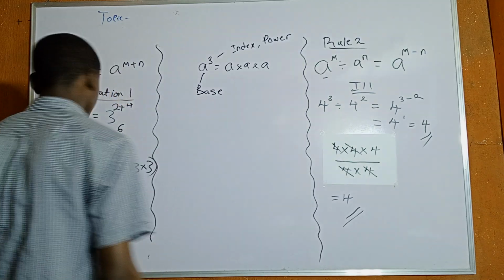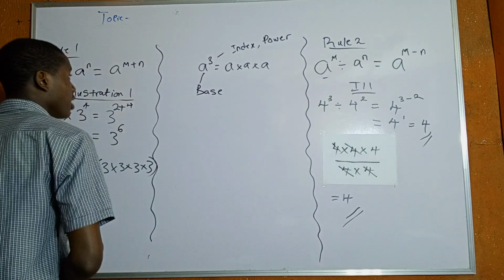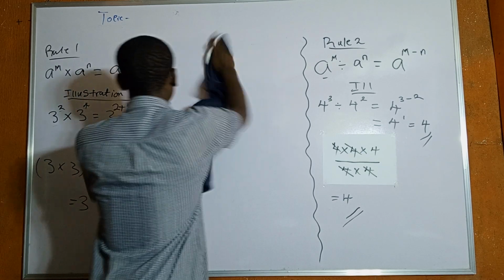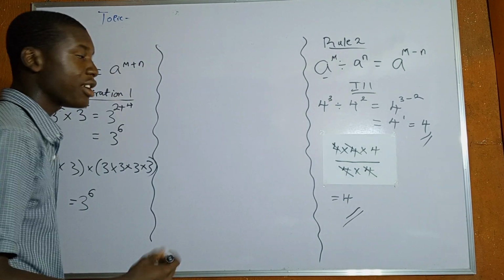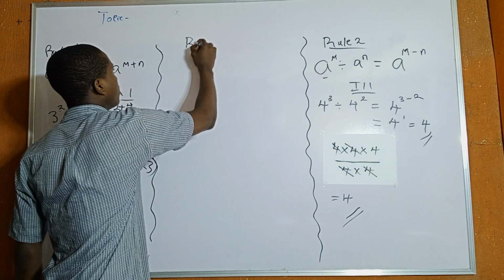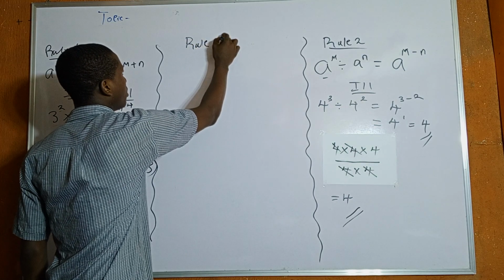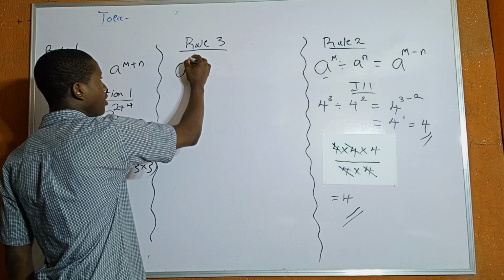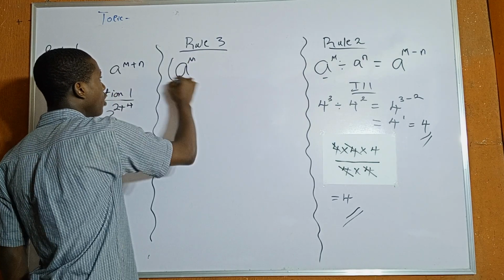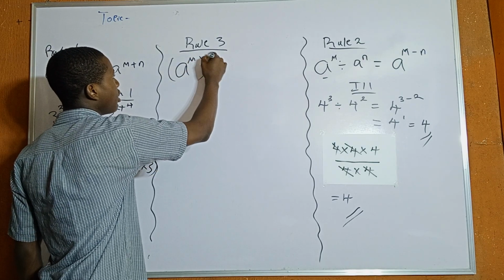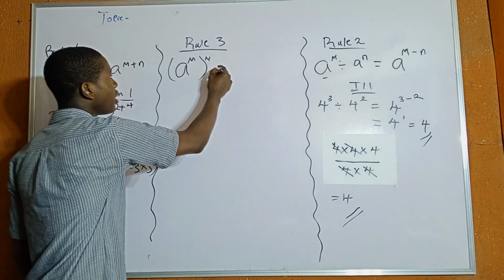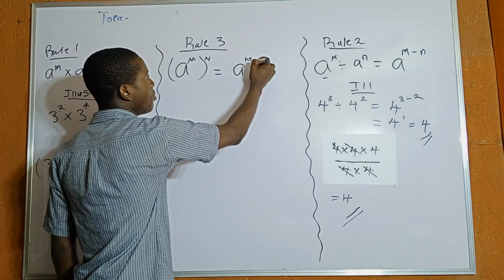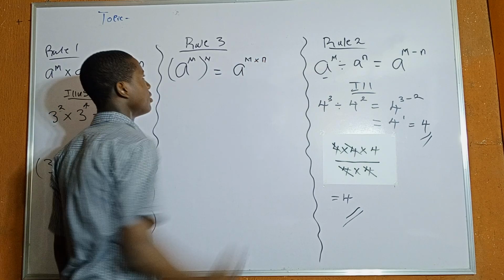Now for the third rule of indices, this rule is a derivative of the first rule. It says, rule 3, that if a raised to power m, open bracket, close bracket, n, it will be equal to a raised to power m multiplied by n.